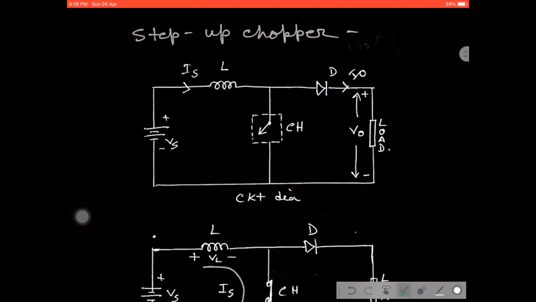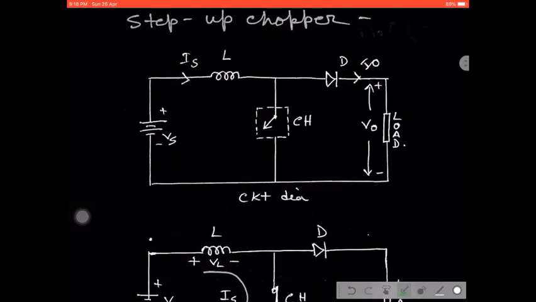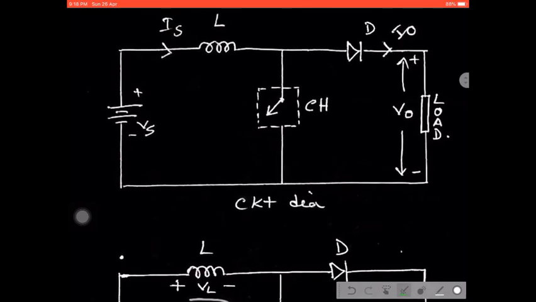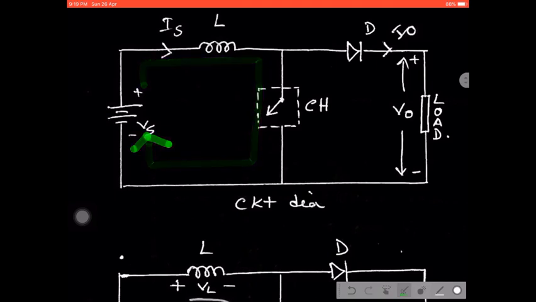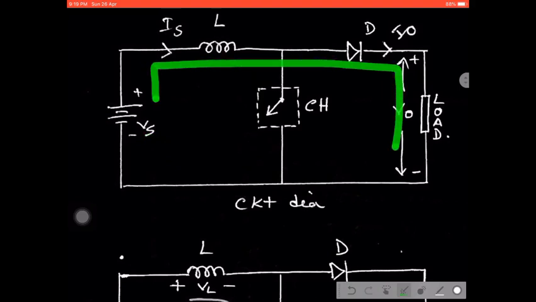Okay, so it can cover 2 mode operation actually. Mode 1, when the switch remains closed, then the current starts flowing in this direction. In another mode, when the switch remains open, then the current starts flowing in this direction, right?